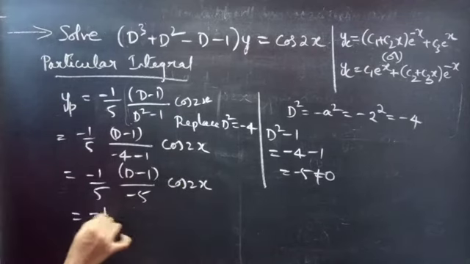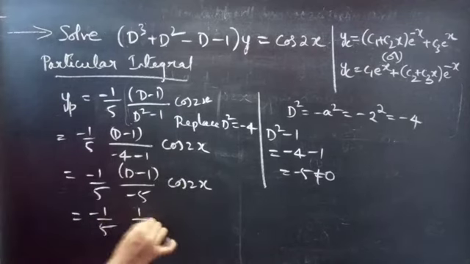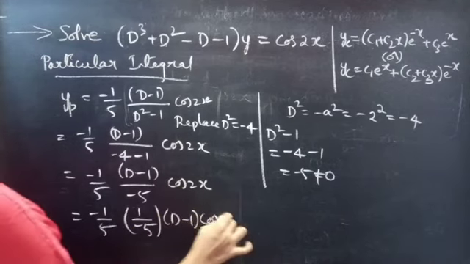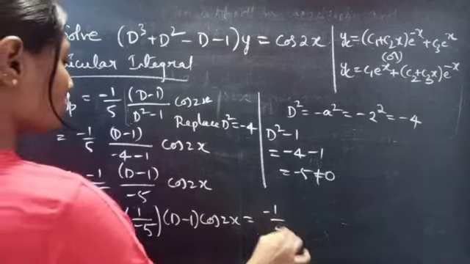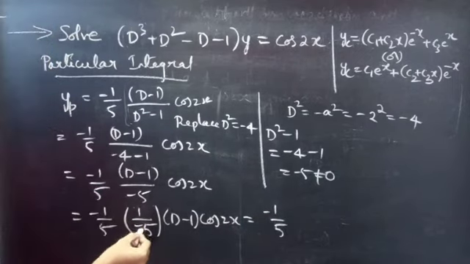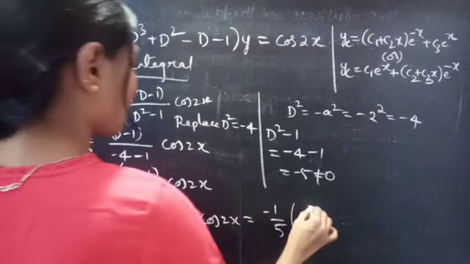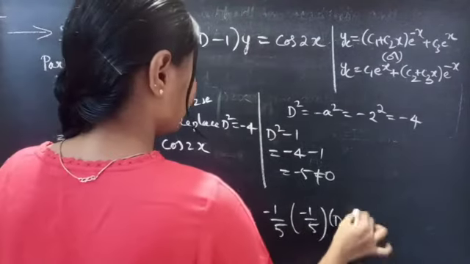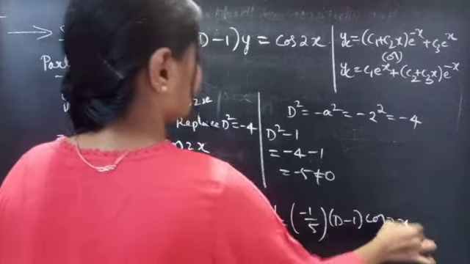You can again write this as 1 by minus 5 into (D minus 1) into cos 2x, which is equal to minus 1 by 5 into the remaining terms as it is.